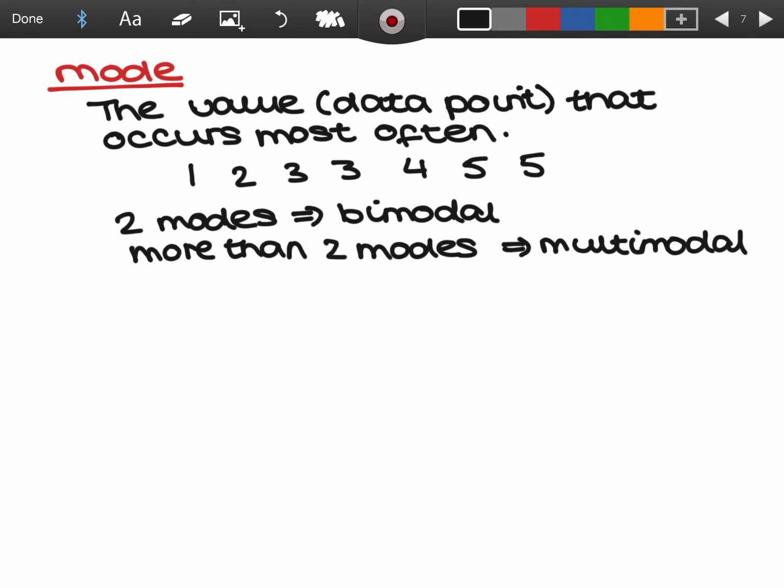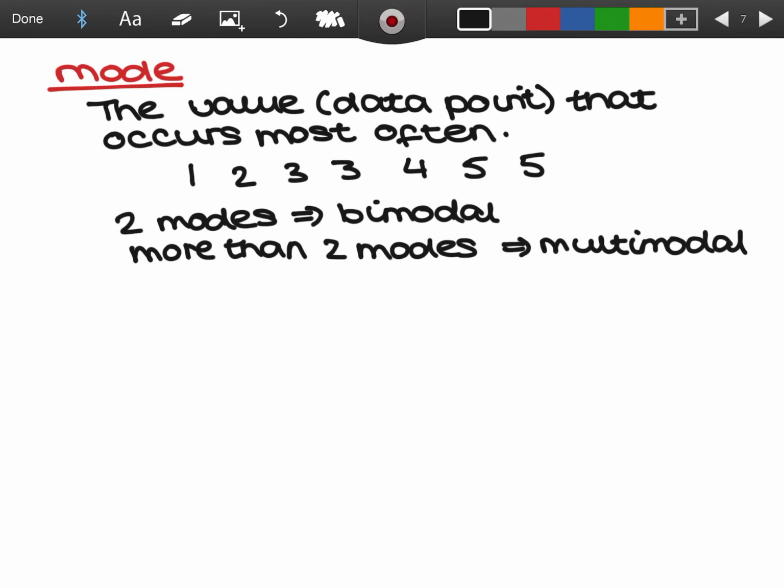Question with this: is it a resistant measure? Do outliers affect it? Well, the answer is no. Outliers don't affect it. It is a resistant measure, because outliers don't affect it whatsoever. If you've got these random values that are super extreme and nothing like any of the values that are clustered together, then they're not going to be modes.